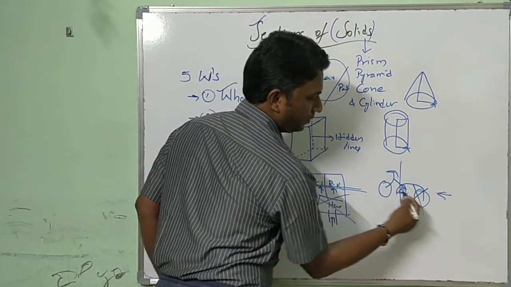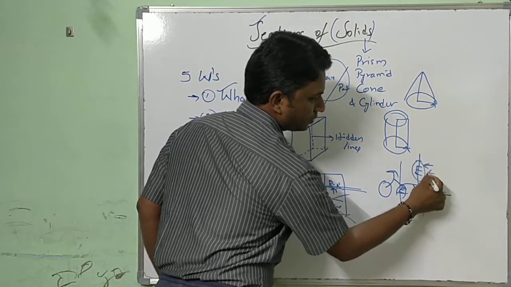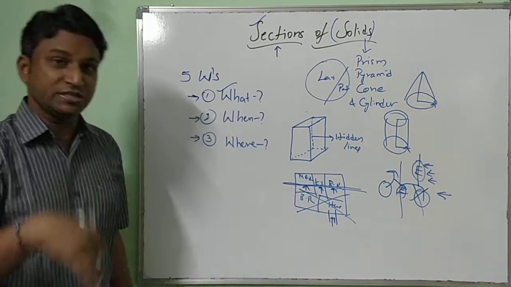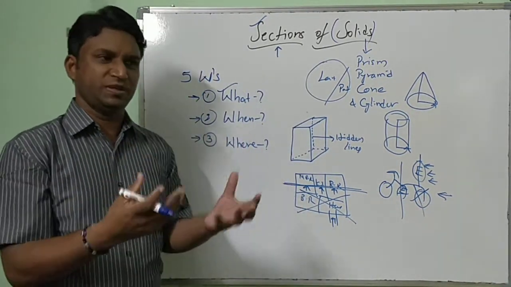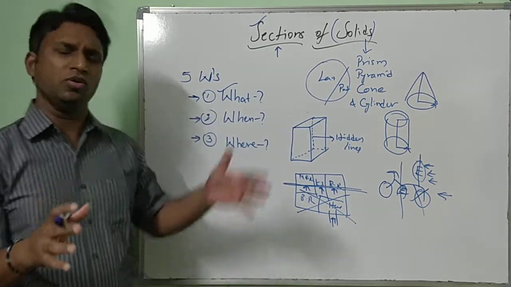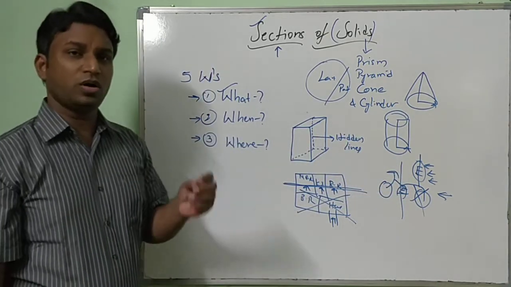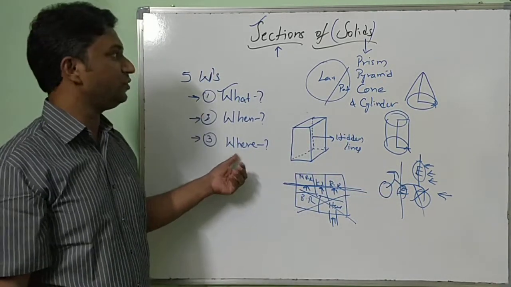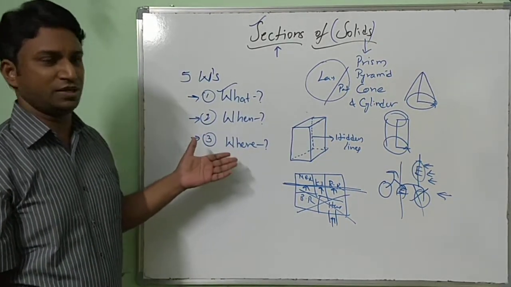When I am looking from here, I can see the engine inside. What is inside the engine? Piston rod, cylinder, crankshaft. These terminologies may be new, but what's happening inside the cylinder can easily be shown with the help of this concept called sections of solids. That is its application.